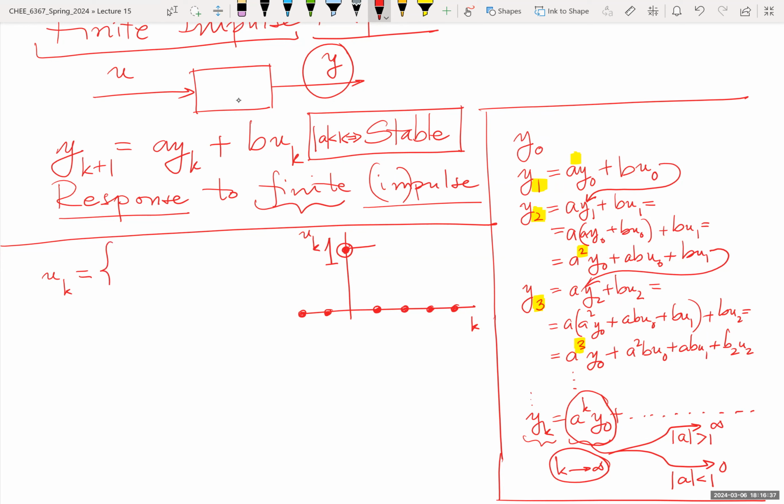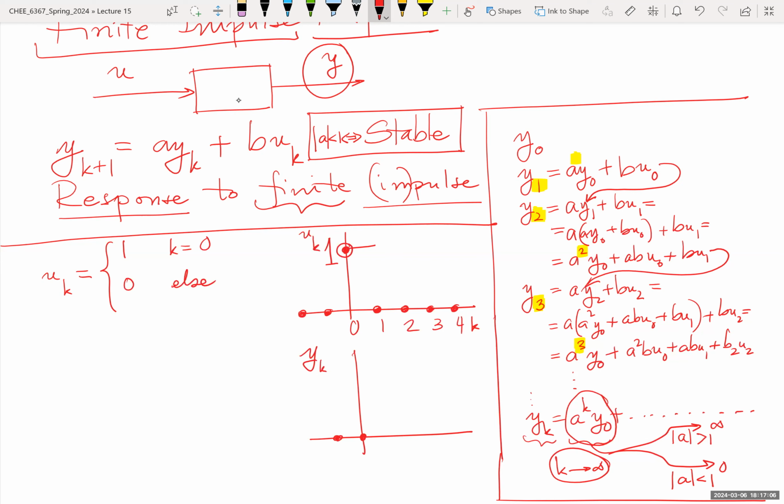So I'll make that equal to 1, just to keep my life simple. Let me write it in a formula here. u sub k is 1 if k is equal to what again? 0, and it's 0 for all other values. Okay. Let me assume that my system output is initially at 0.